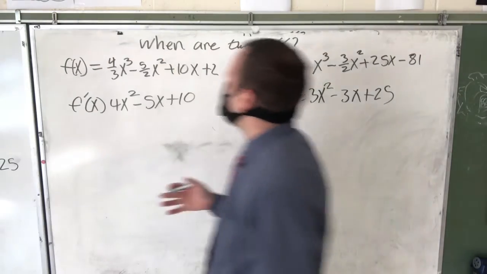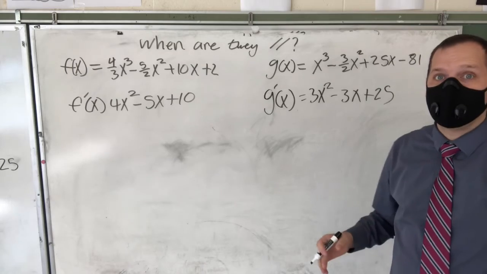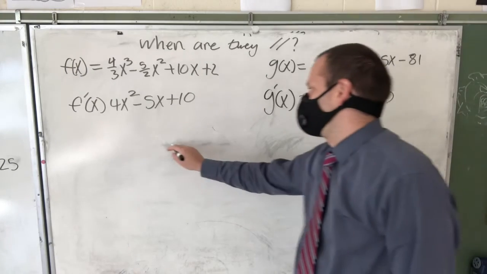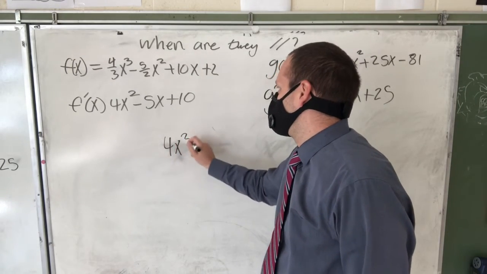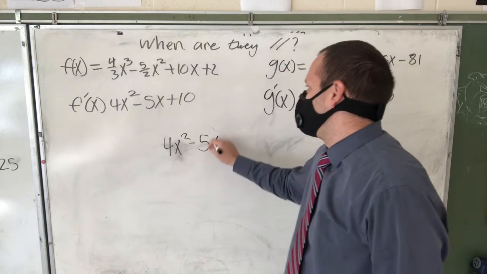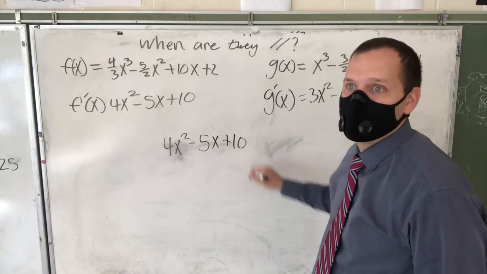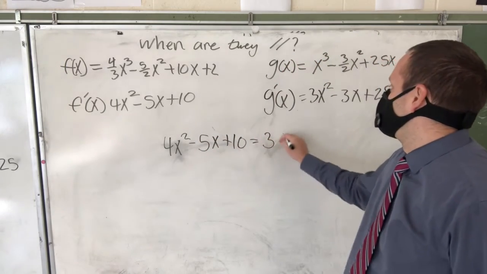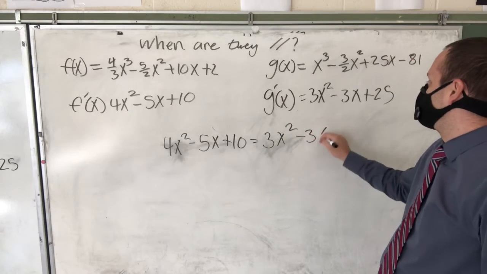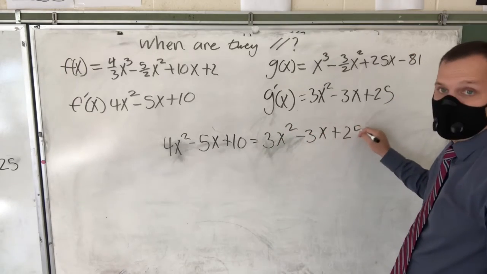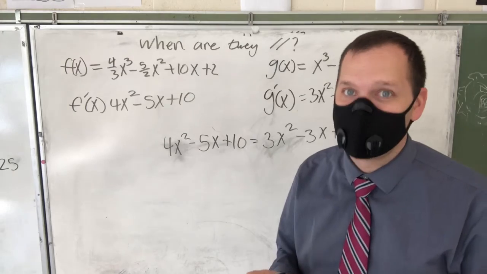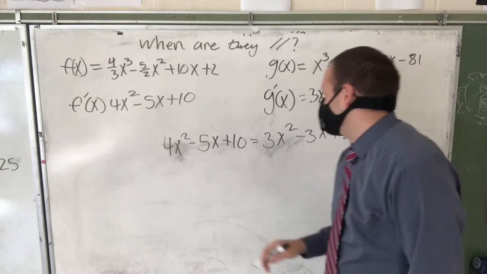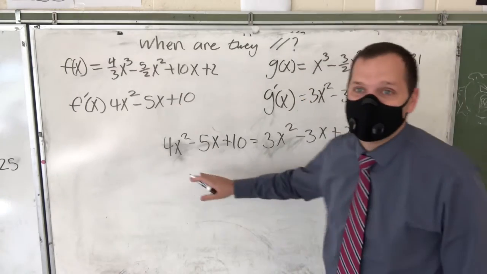Now we need to figure out where they are parallel. In order to do that, I need to set them equal to each other. So I've got 4x squared minus 5x plus 10 equals 3x squared minus 3x plus 25. We good so far? Perfect. I need to get this all over to the same side.